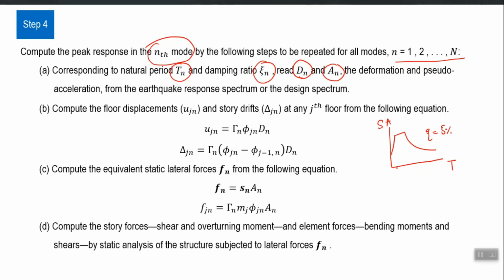So you put your damping in those equations, they will give you a factor to modify this spectrum, and there are a lot of such equations available. If you want to plot this spectrum for 10% damping, the factor will be less than 1. So you will be reducing that spectrum to a lower level, right.